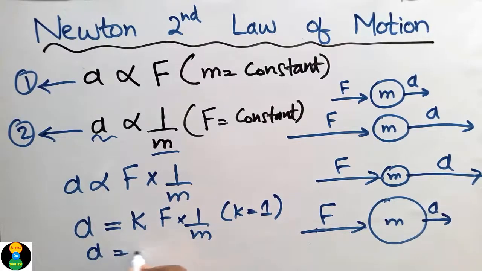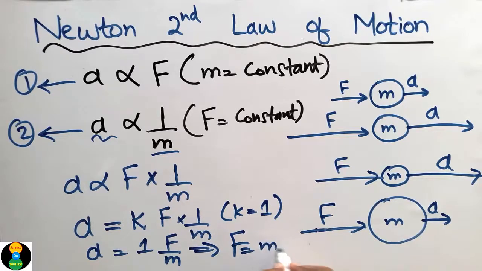By putting this 1 into F by m, a equals F by m. We can put this m on the other side, so it comes out to be F equals ma, which is Newton's second law of motion.